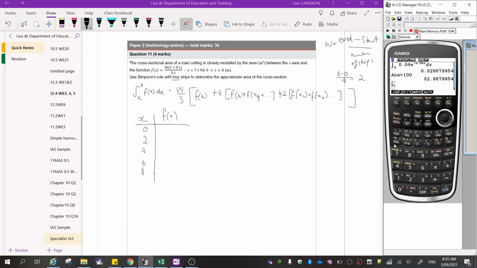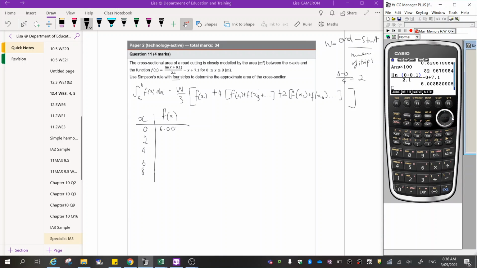We're going to type it in exactly the way it's written. ln bracket, x in our first case is 0 plus 0.1, close bracket, over 2.1 minus 0 plus 7.1. Execute. So this first one is equal to 6.00, to 2 places.